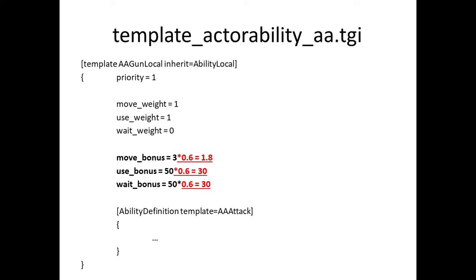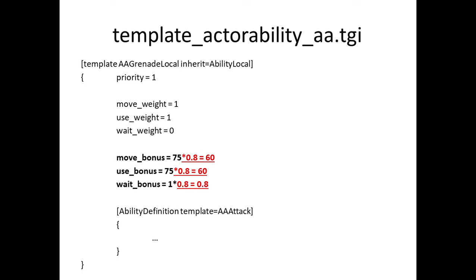Hopefully that makes sense. So here you see the bonuses are reduced, and what that means is if you have another ability, like I was saying, we'll look at an example later, it'll prioritize using the one that does not have resistance, assuming that the bonus values are all the same.